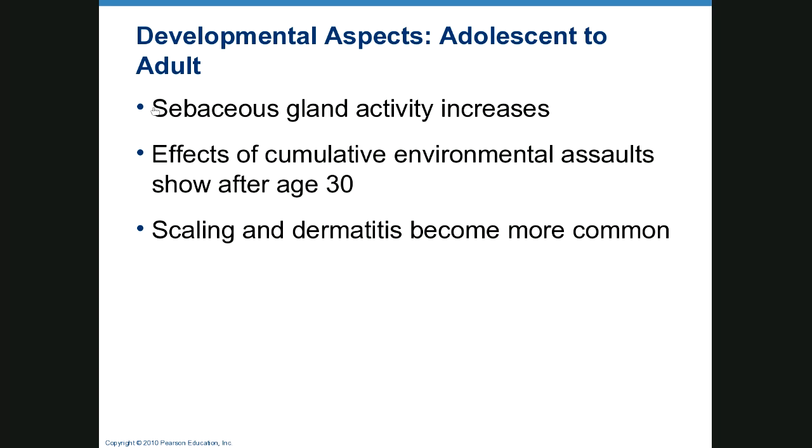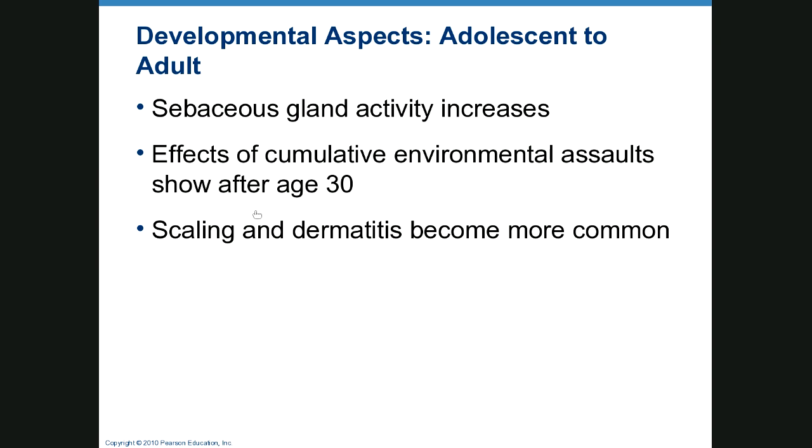Okay, developmental aspects. In adolescence, sebaceous activity increases, so therefore they're more apt to have acne. Then cumulative environmental assaults, such as the two factors that come to mind: excess sun and cigarette smoke, start to show after age 30.